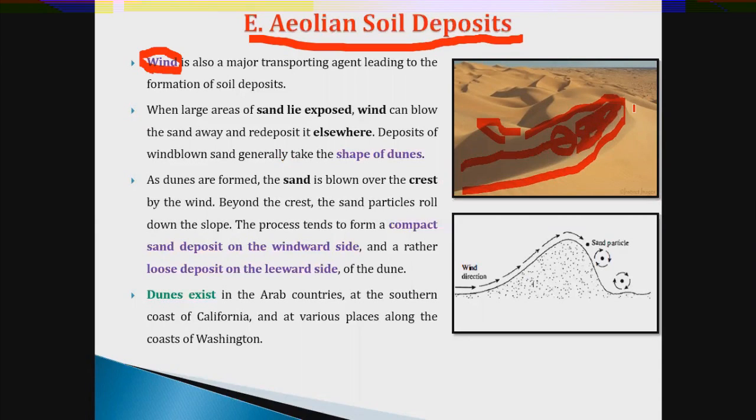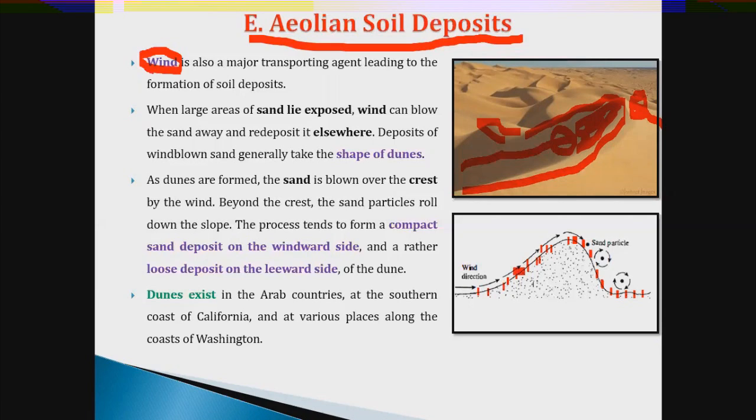And on the leeward side, which is opposite to the windward side, we'll have some loose type of material, because when the particles reach the crest of the dune, they roll and are deposited in a loose form around the leeward side of the dune. But on the windward side, the particles will be compacted by the currents of wind.